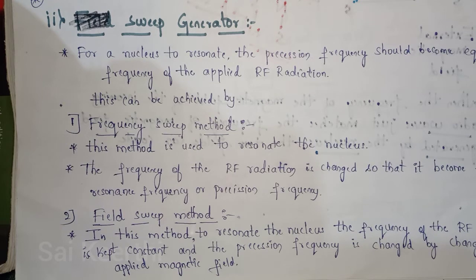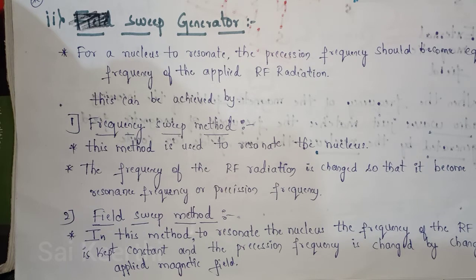A sweep generator may use the frequency sweep method, and the field sweep method is also used. As I have said, the sweep generator is used to bring the nucleus to resonance, that means to carry the nucleus to the beta spin state.